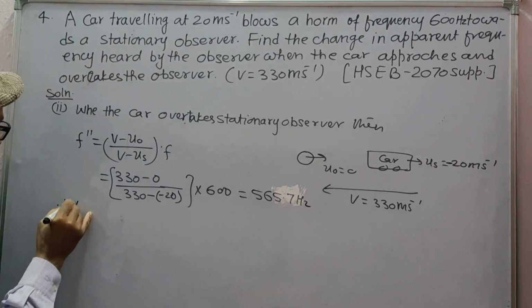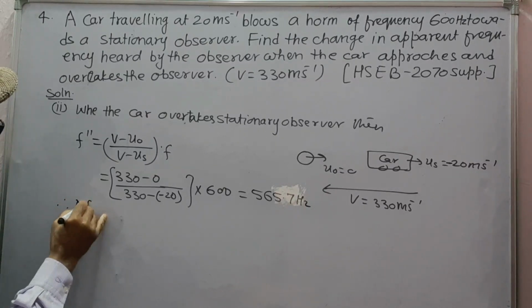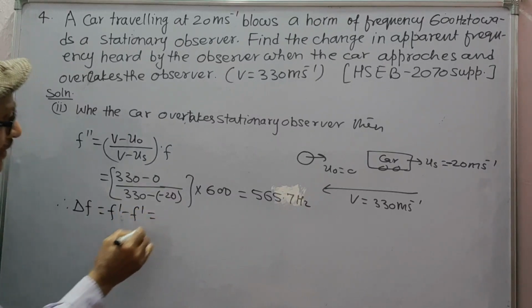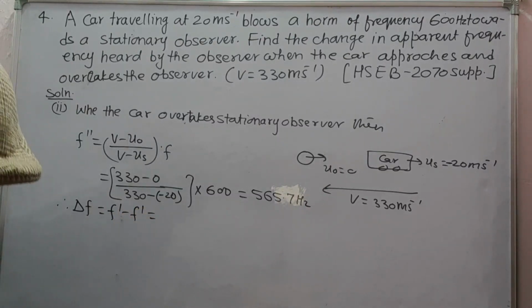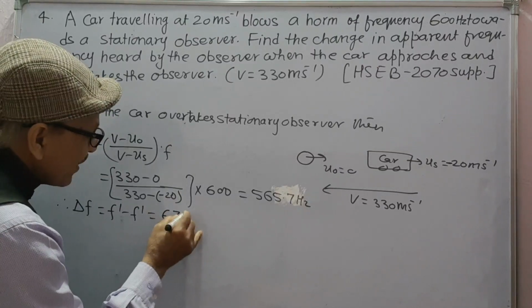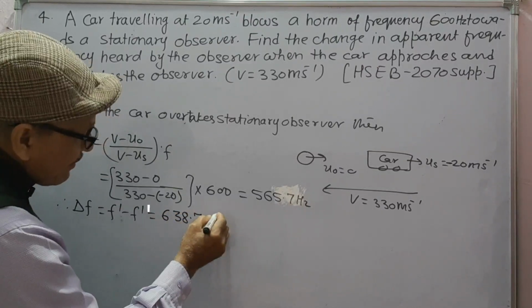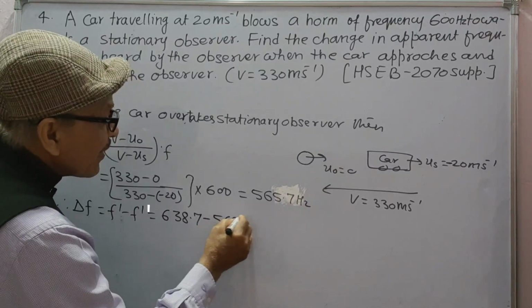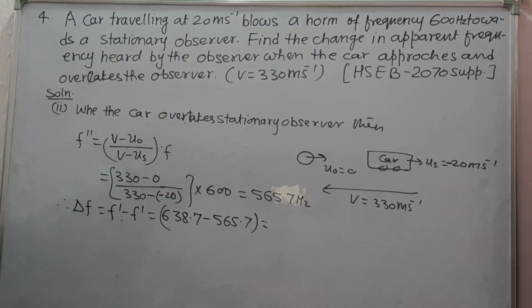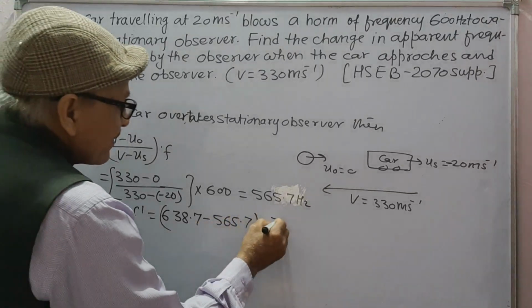Therefore, the difference between two apparent frequencies will be equal to F dash minus F double dash, which is 638.7 minus 565.7, which is 73 Hz.